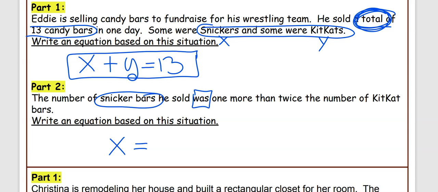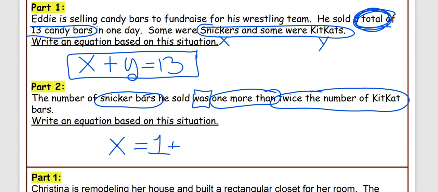It's like the stuff that compares one side to the other side. It's comparing it to 1 more than twice the number of Kit Kat bars. Mathematically, what would 1 more than look like? Adding how much? 1. So I can take 1 and add it to something and I would have 1 more. 1 more than twice the number of Kit Kat. What does it mean to twice something?